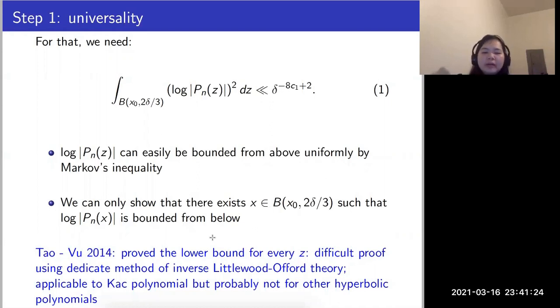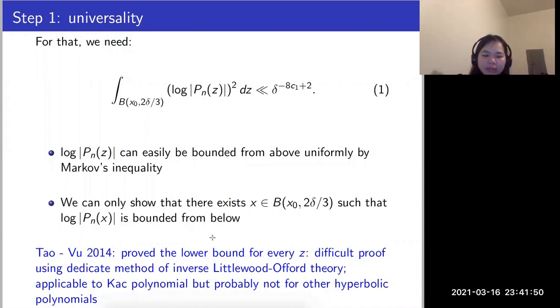They used a dedicated method of inverse Littlewood-Offord theory and other very heavy tools from analysis, and their proof is applicable to the Kac polynomial because it uses the Kac polynomial when the a_i are 1.